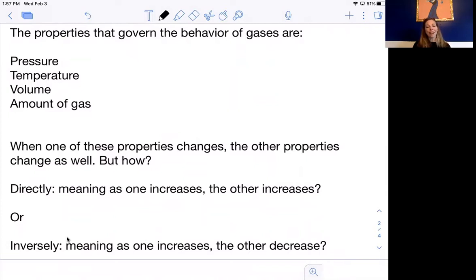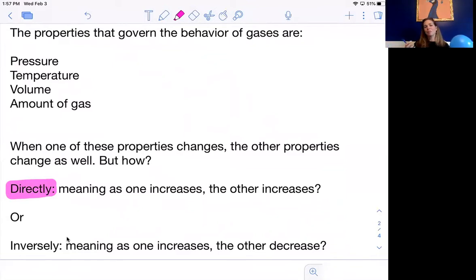The question is how. And here are your 2 choices, and I want you to think about these terms carefully. The first one is directly. So for example, if I put more air into the balloon, so instead of blowing into it 3 times, I blow into it 6 times, what happens to the volume?